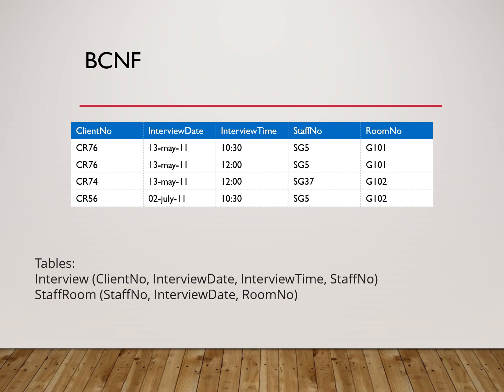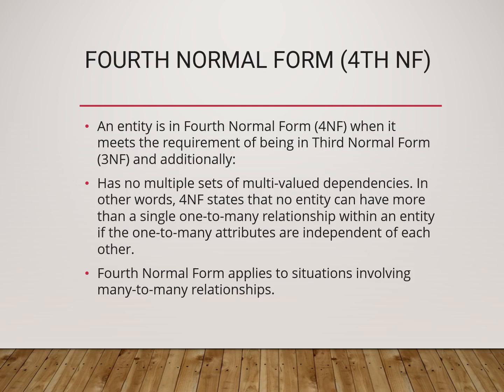In fourth normal form we can reduce the multiple sets of multi-value dependencies. Fourth normal form must meet the requirement of being in third normal form, and additionally we should not have multiple sets of multi-value dependencies.